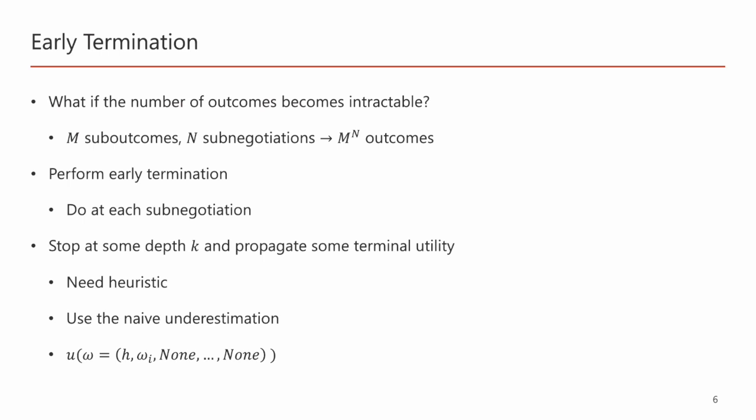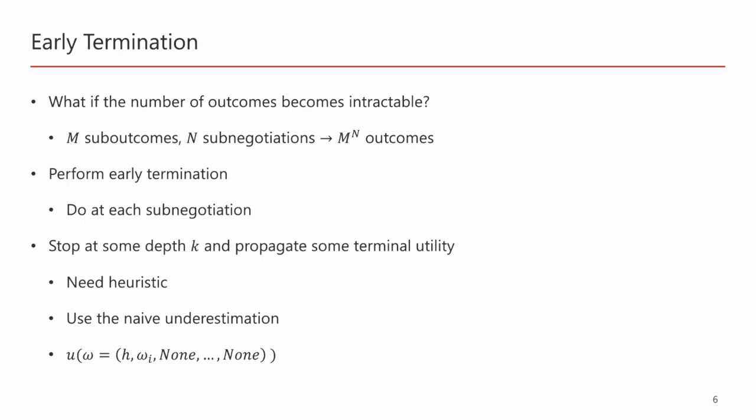A big problem we ran into was that the number of outcomes can soon become intractable because it's exponential in size, since it's a tree. So we need to perform an early termination somewhere. When we're searching down the tree, we're going to stop at some depth k.